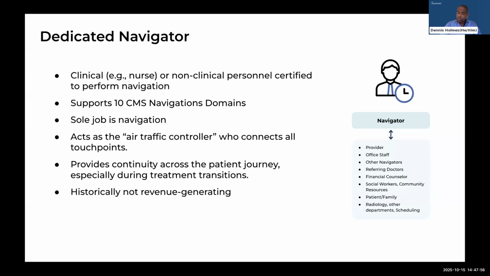And this role, which is quite valuable, has historically been non-revenue generating, which is why they're so precious and there's so few of them, because dedicated navigators are generally considered to be overhead that you don't get paid for, although they bring tremendous value to patients and to the institution. So that's the dedicated navigator model.